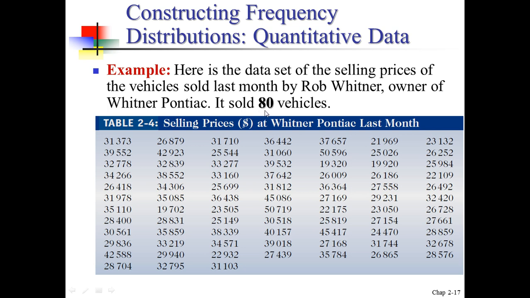So in order to find how many classes or groups, you need to remember 2 exponent k greater than n. N is 80. It means 2 exponent k greater than 80. So what is k?